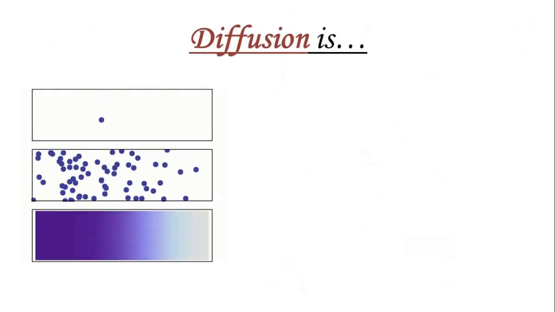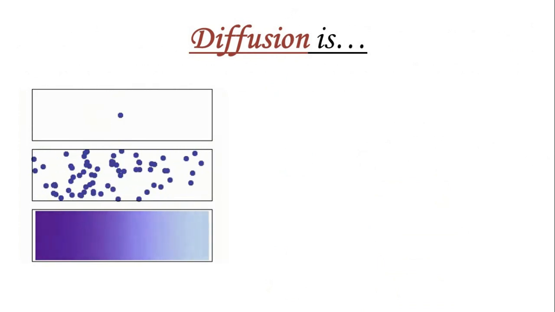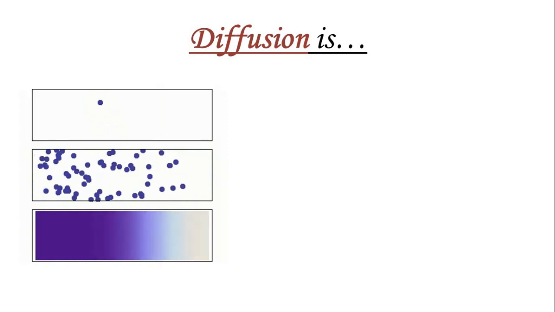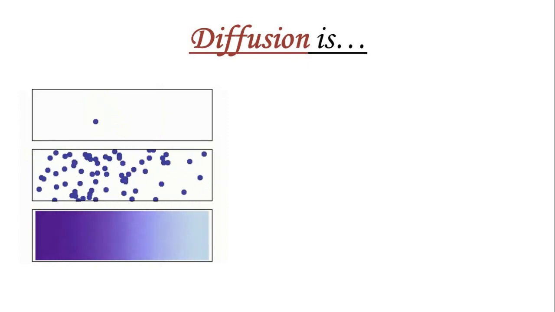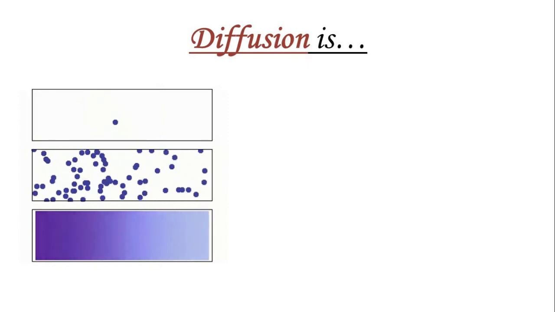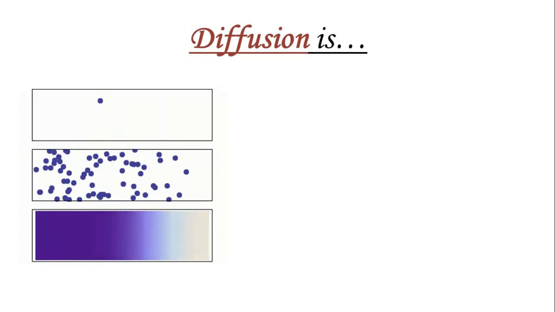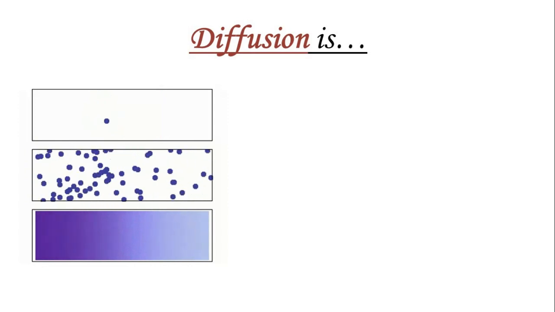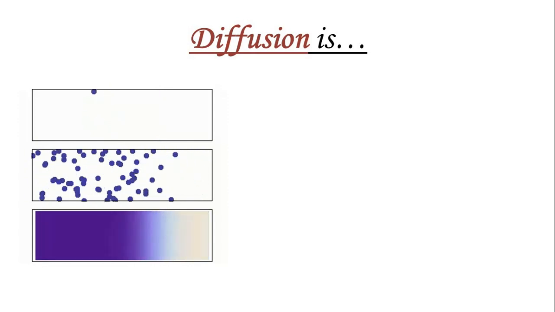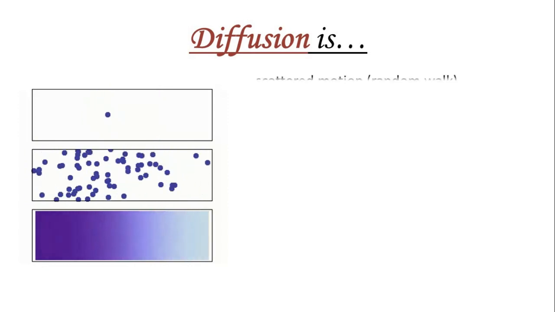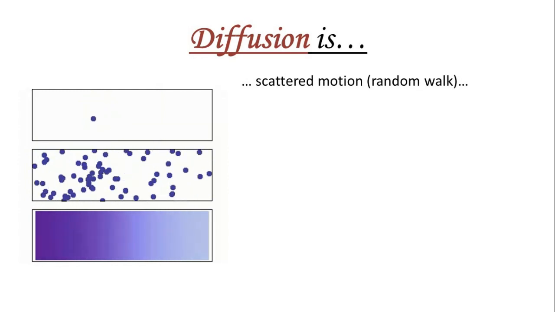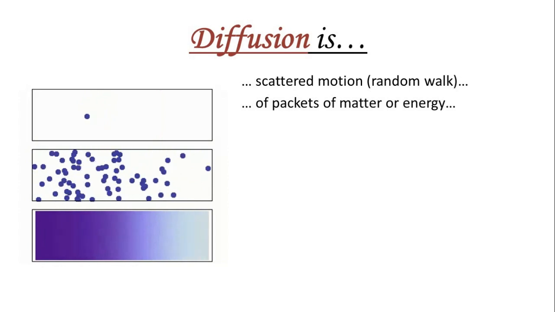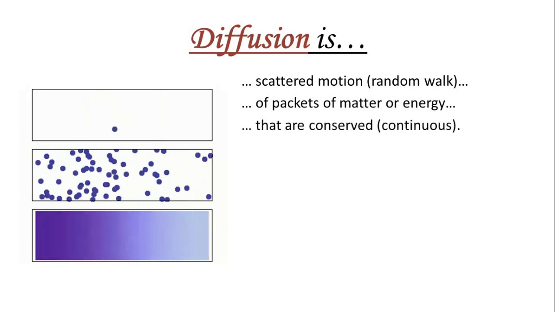Now that I think about it, perhaps the problem isn't that we lack a good description of the diffusivity parameter. It's that we don't often get a generalized description of diffusion that encompasses more than just molecular or thermal diffusion. So that's what I've attempted to provide here. Diffusion is the randomized scattered motion of something, typically a packet of matter or energy that follows conservation laws.